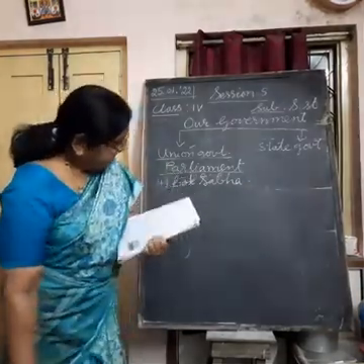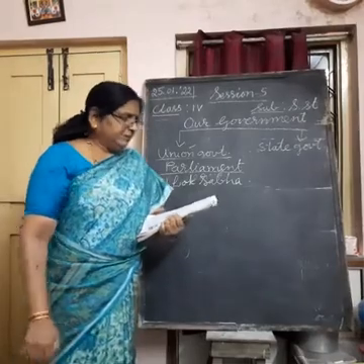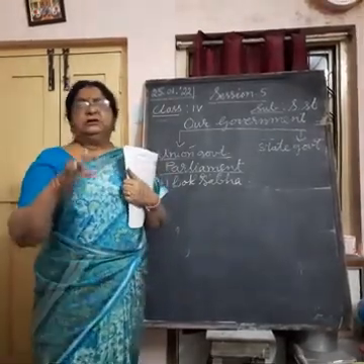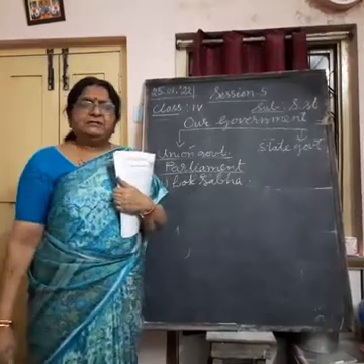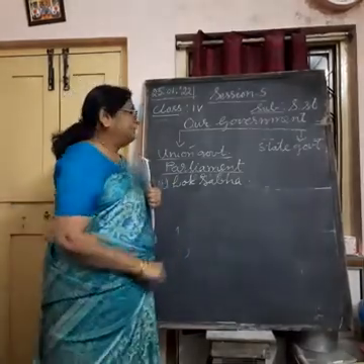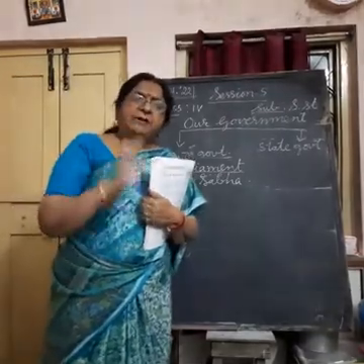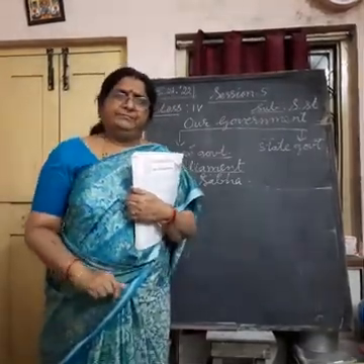The Lok Sabha is the primary source of political power in the country. Primary means not small. The main source of political power in the country. Lok Sabha is the main source of political power in the country.